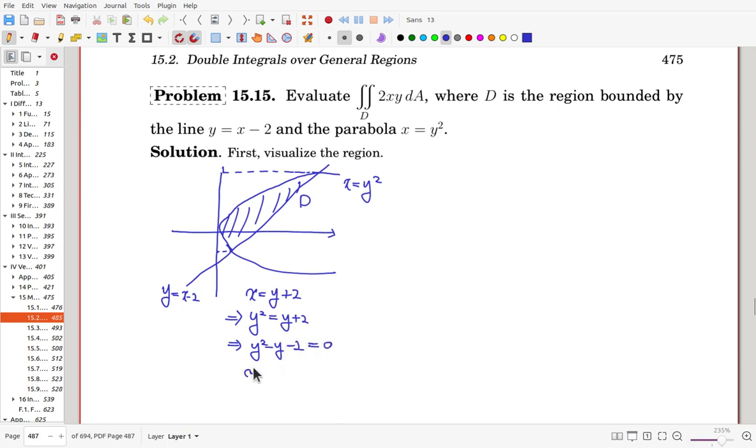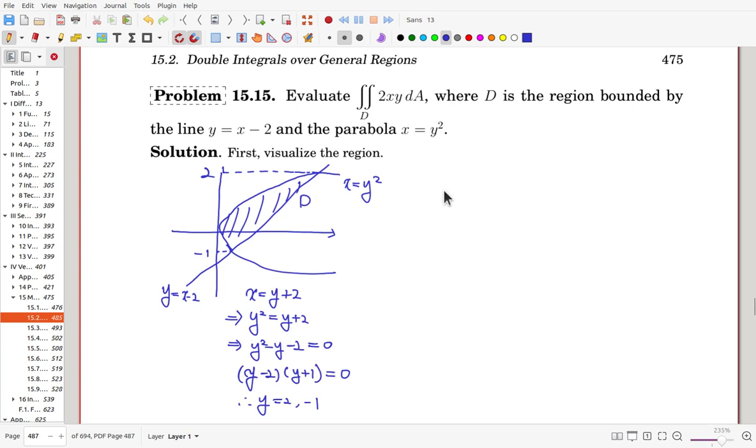So here y minus 2 and y plus 1 equal 0. So we have y equals 2 and minus 1. That means this is minus 1. This position is 2.